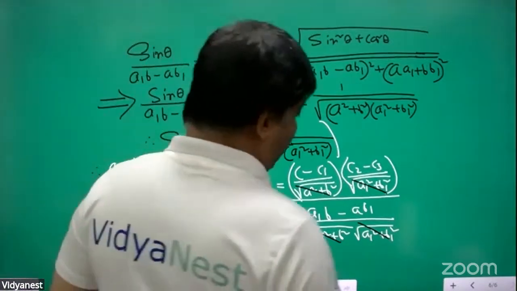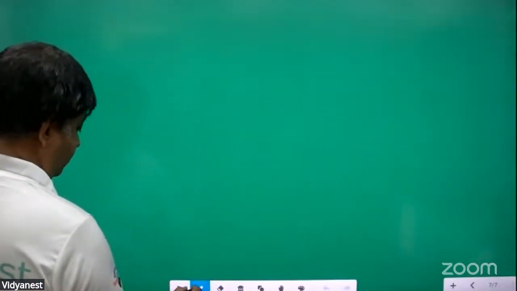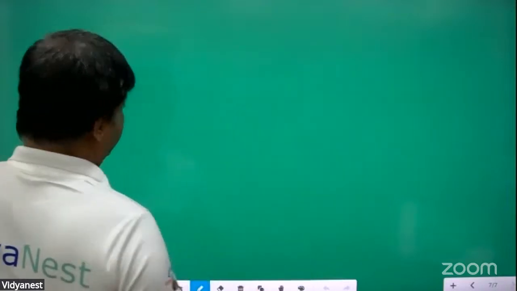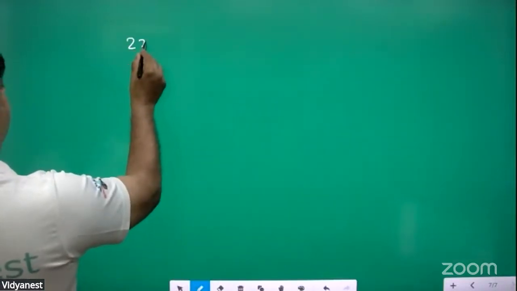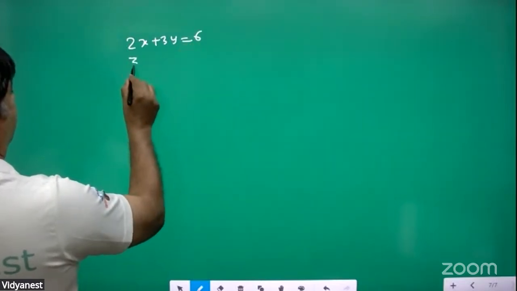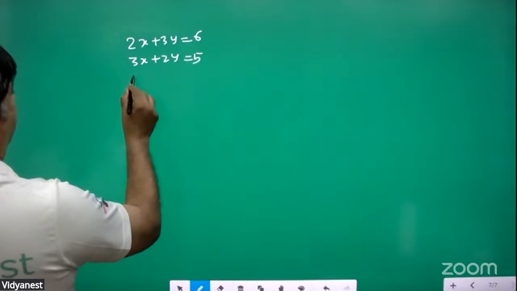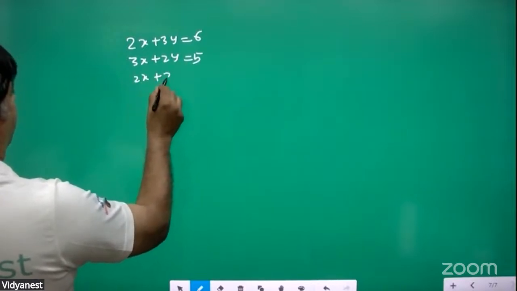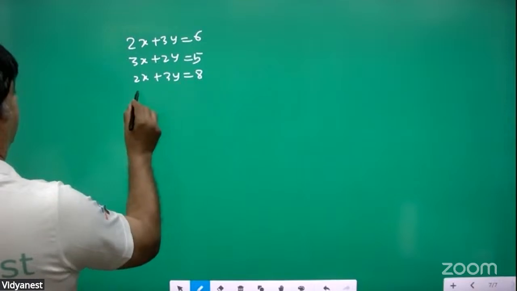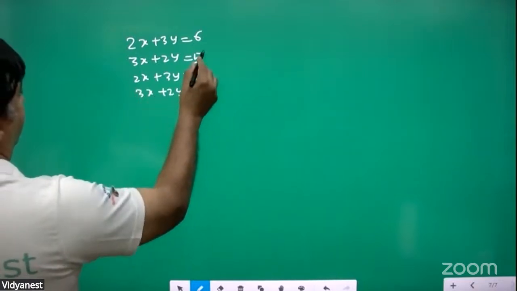Okay, for example, say 2x plus 3y is equal to 6, 3x plus 2y is equal to 5, 2x plus 3y is equal to 8, 3x plus 2y is equal to 9.